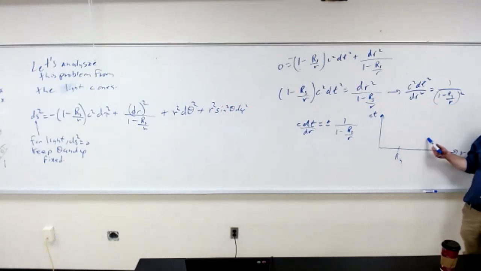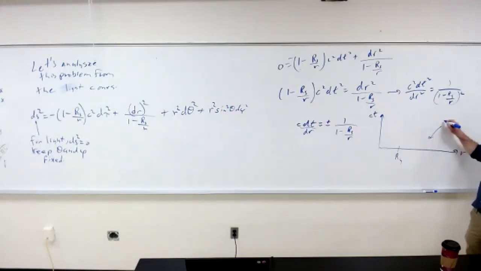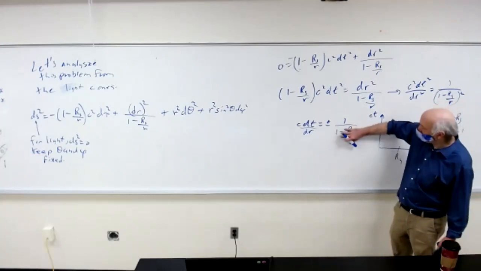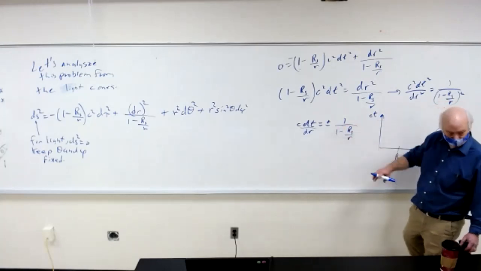What does that equation give me? Well, let's say we're over here, r is much greater than rs. What does that tell you? c dt over dr equals plus or minus 1, because this is large compared to here, so that goes out, and I get plus or minus 1.